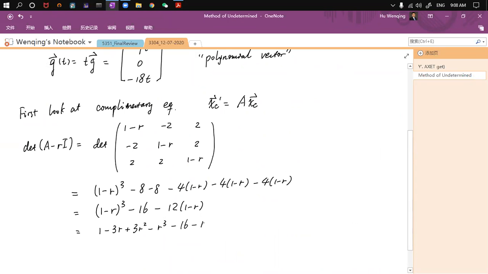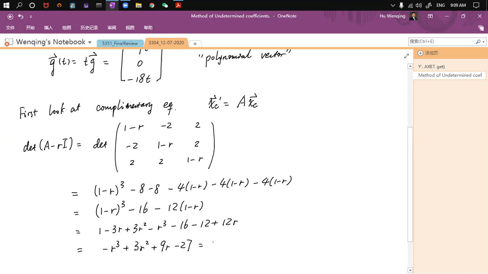Minus 16 minus 12 plus 12 times R. That gives you minus R cubed, and for the quadratic term we have 3R squared, and then plus 9 times R, since 12 minus 3 is 9, and then 28 plus 1, so minus 27. So you're going to have something like this.